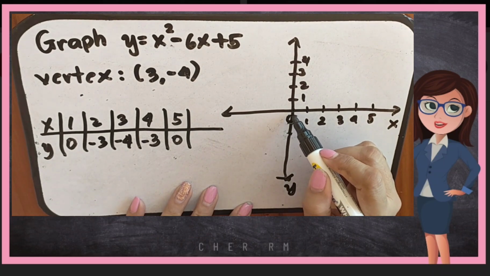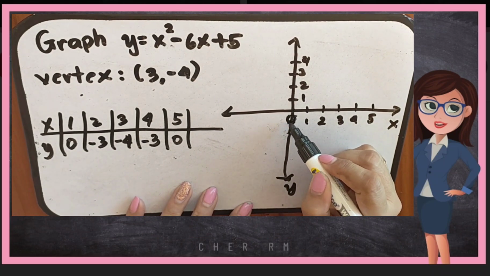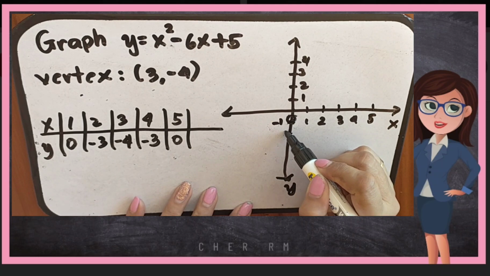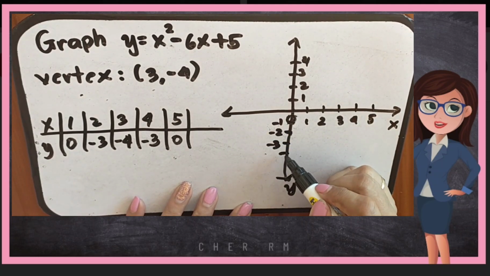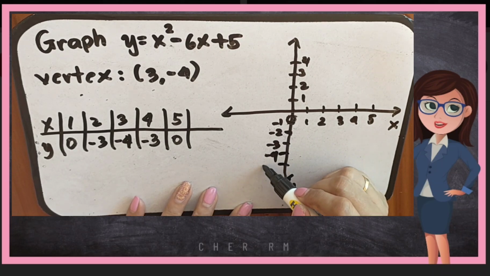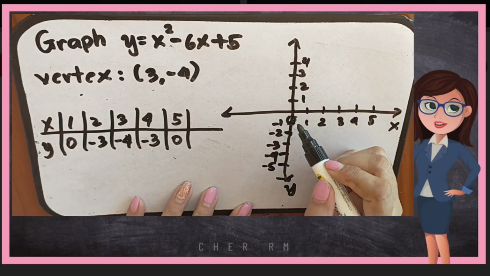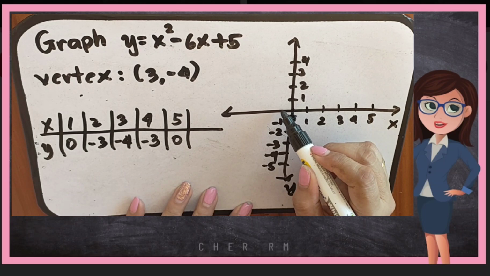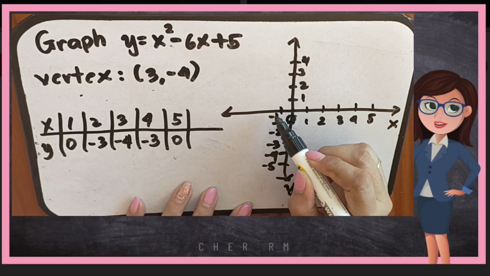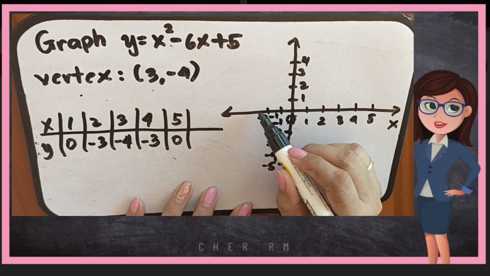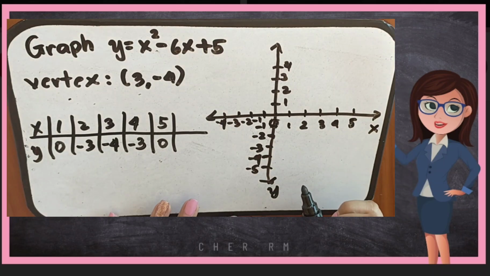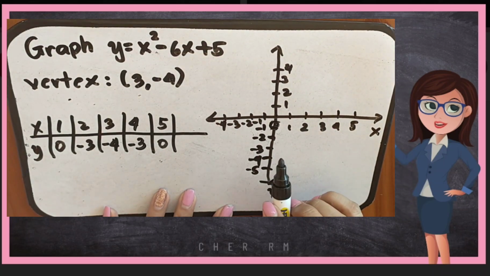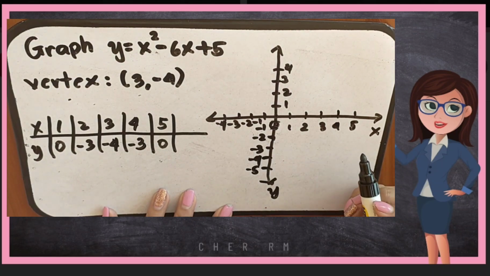From 0 downward are all negative numbers: negative 1, negative 2, negative 3, negative 4, negative 5, and so on. From 0 to the left are also all negative numbers.